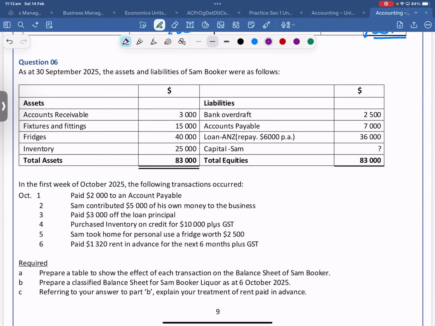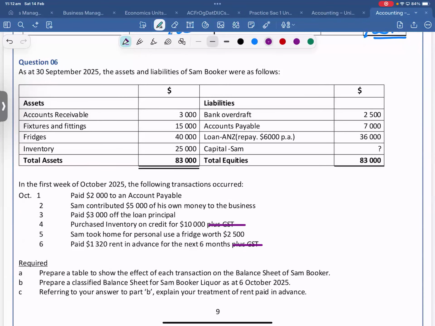Actually, 2 mistakes. Purchase inventory, cross this one. So that's on the 4th and on the 6th. So don't worry about GST, okay? Right. Then, now let's go ahead. Paid 2,000 accounts payable.